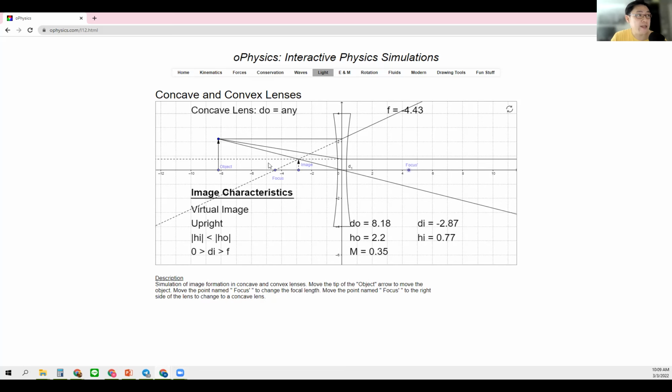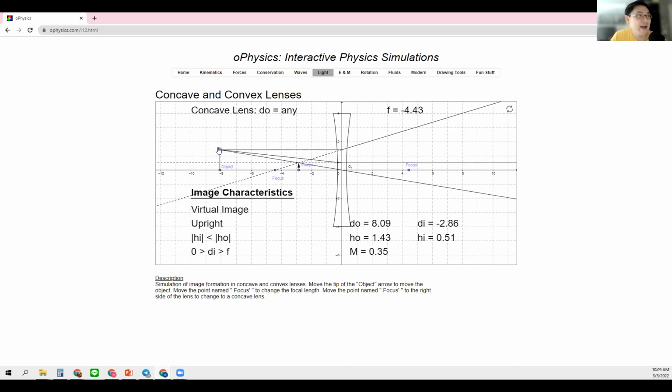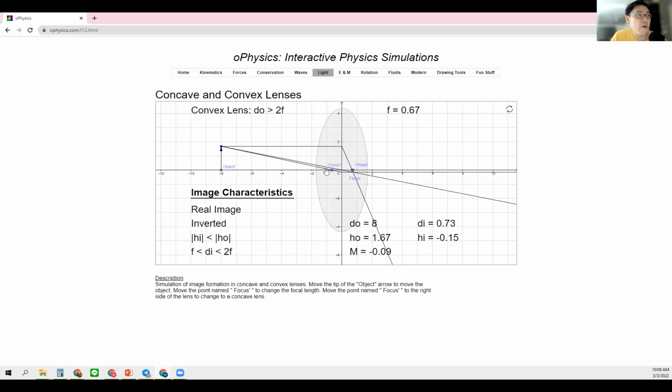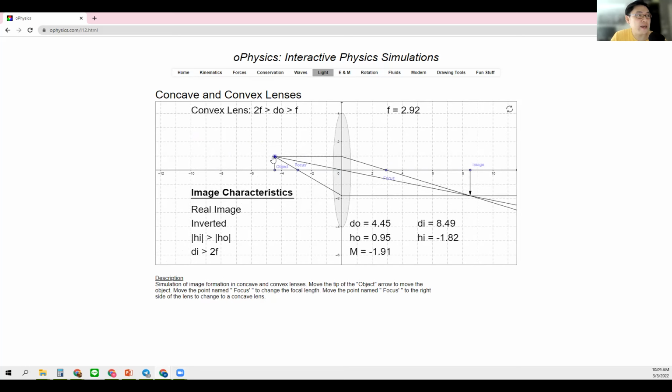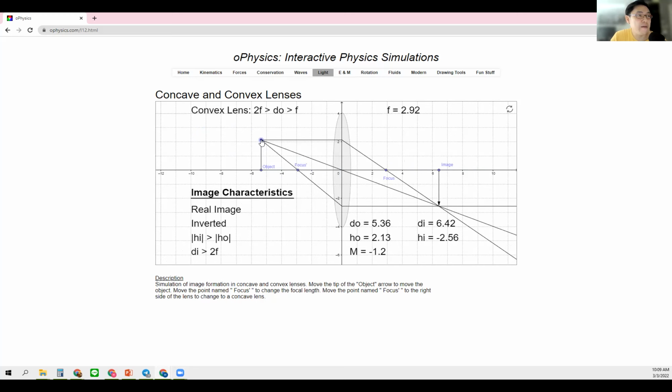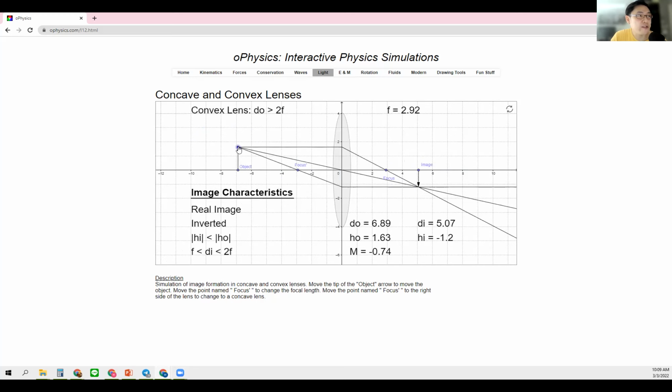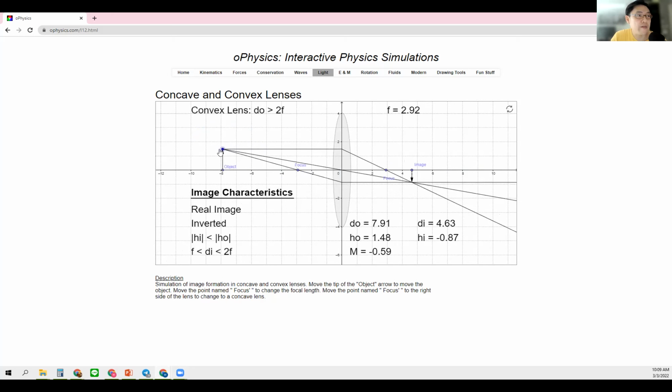I think this is kind of fun to play with. You can adjust the focal length, focal point, whatever you like, and check out the sizing of the image with respect to the object, and the location of those with respect to the focal point, focal length, and everything.